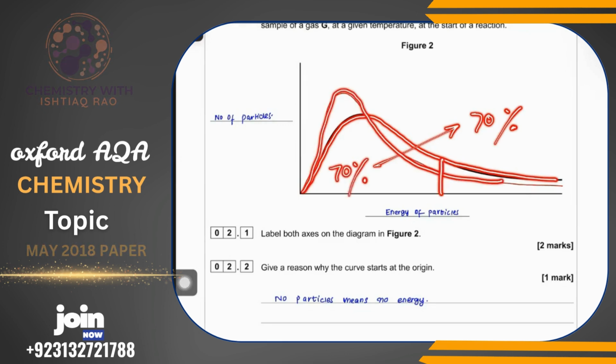But the thing is that this is the activation energy. So I can say that the number of particles whose energy is greater than the activation energy is going to decrease. The overall number of particles will remain the same.